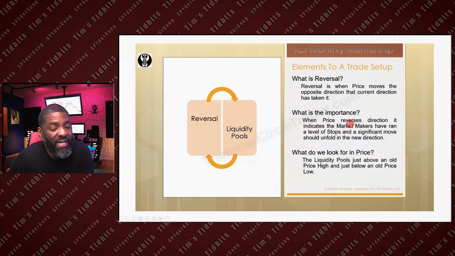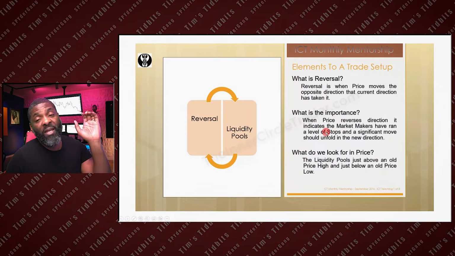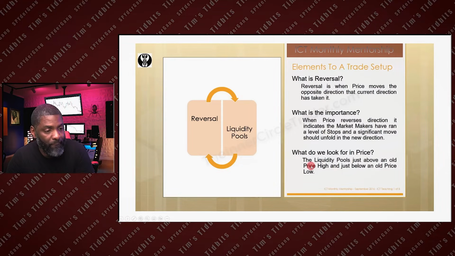When price reverses direction, it indicates the market makers have run a level of stops and a significant move should unfold in the new direction. So when you run stops and soak up enough of them, it's going to do a 180 and go in the other direction. That's a reversal. What do you look for?